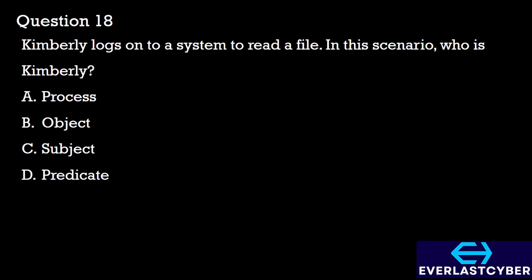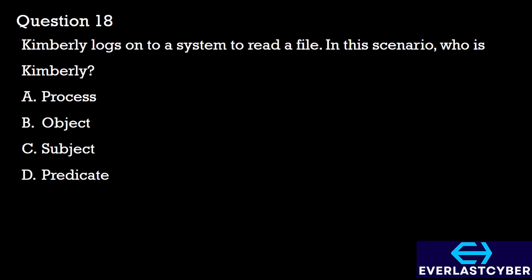Question 18. Kimberly logs onto a system to read a file. In this scenario, who is Kimberly? A. Process. B. Object. C. Subject. D. Predicate. Process refers to a running instance of a program, however, it is not applicable to a person.